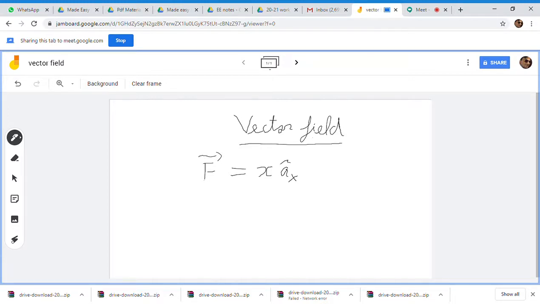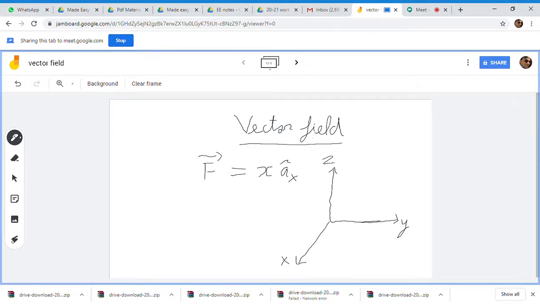Okay, so ax is your unit vector, it gives you the direction, and x is the magnitude. So if you want to draw this vector field, then how can we draw? This is an xy coordinate, so this is x, this is y, and this is z.